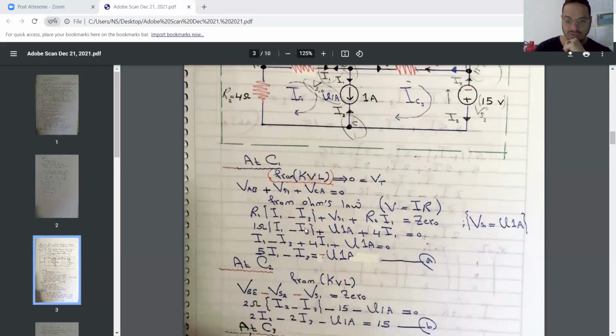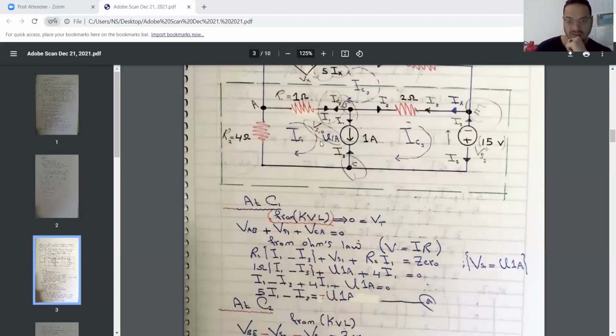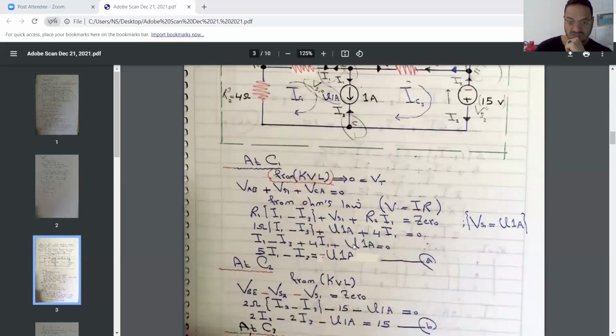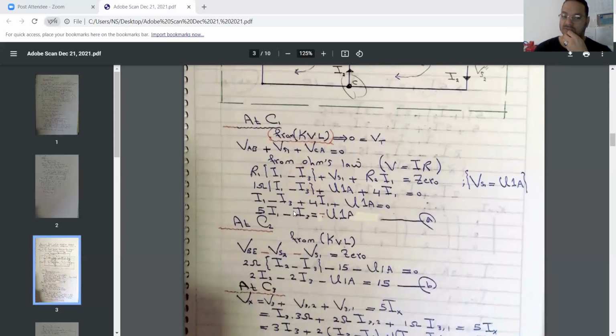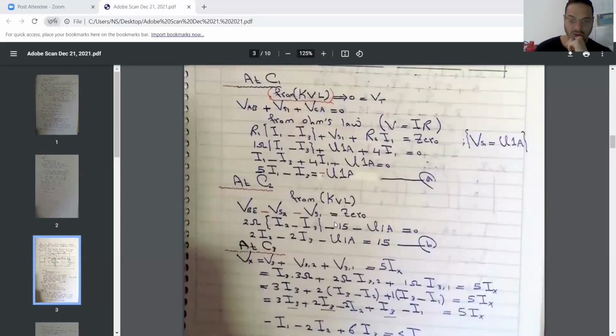And from Ohm's law, we'll simplify all of that by V equal IR, and VS1, don't forget that, equal V1A. We can put this result here and simplify, calculate for I1, which will be 5I1 minus I3 equal minus V1A. At C2, Kirchhoff's voltage law, VBE minus VS2 minus VS1.